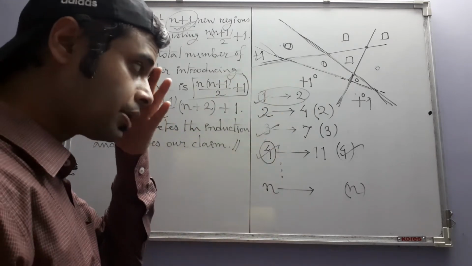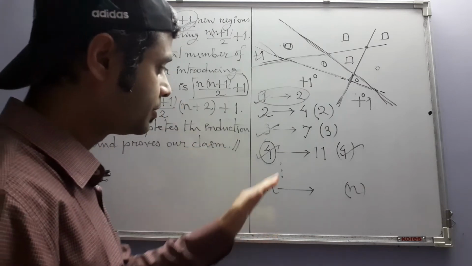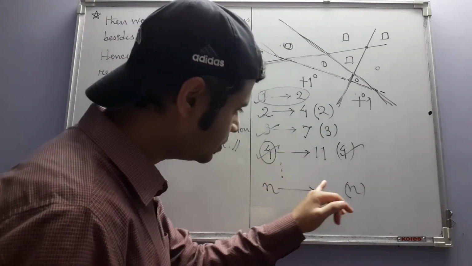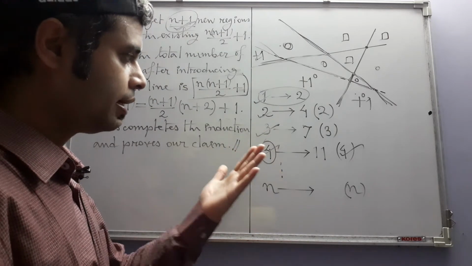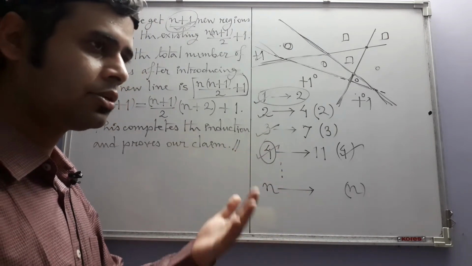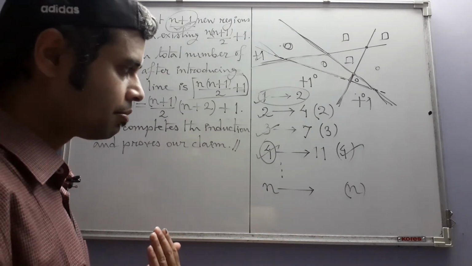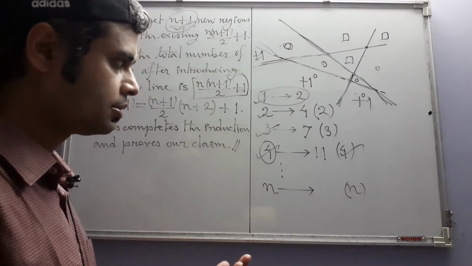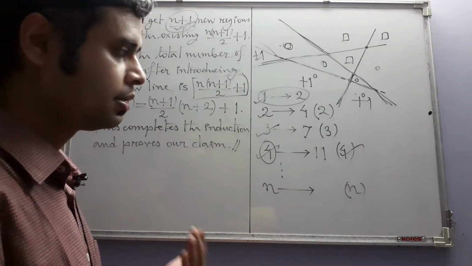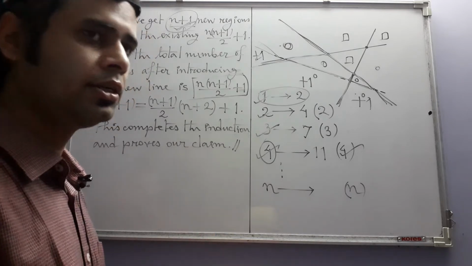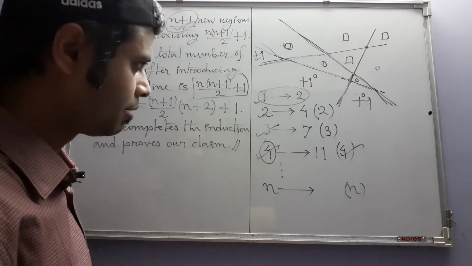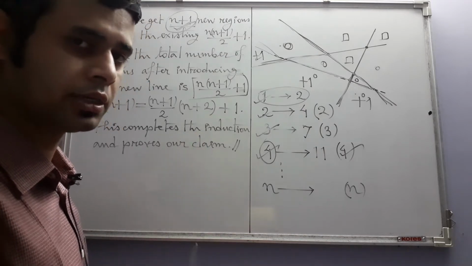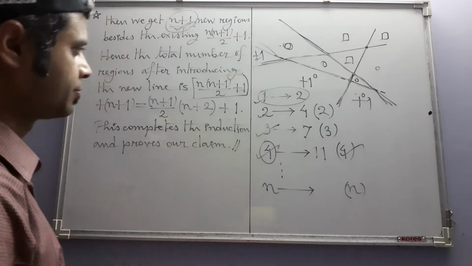What you can do is try to prove this itself, that at the nth step, when you introduce the nth line, the number of affected regions is n, and hence they will generate n new regions. So you have to add n to the original number of regions before the introduction of that nth line.